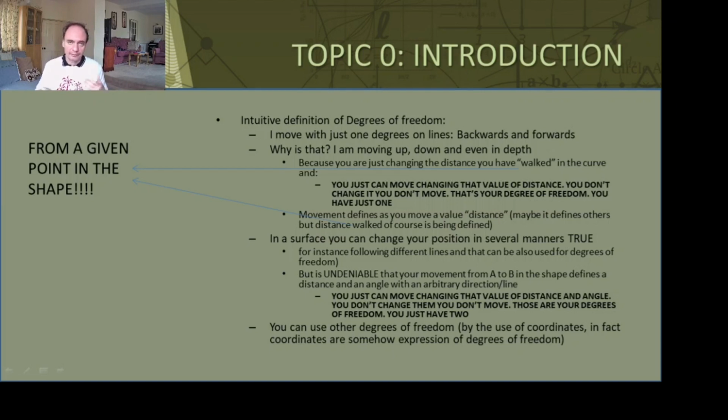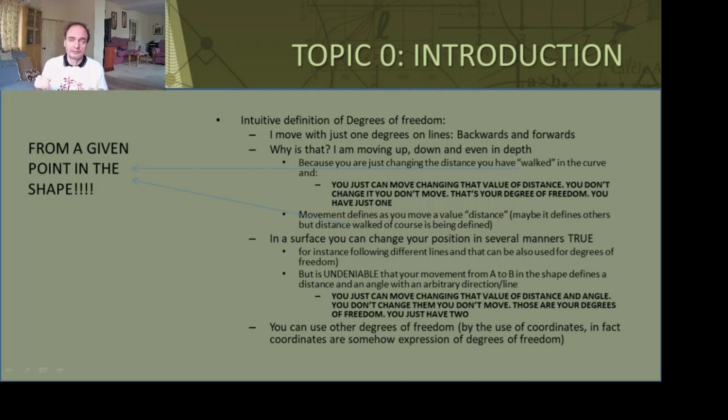So now we have it. Once again, we are going to repeat the same idea. If we are on a surface, let's say something like this, a wavy surface, and I am at a given distance of the origin of coordinates, I am on a spherical surface, and therefore I will be on the intersection of the spherical surface and the wavy surface. That's going to give us some kind of wavy circle, let's call it.